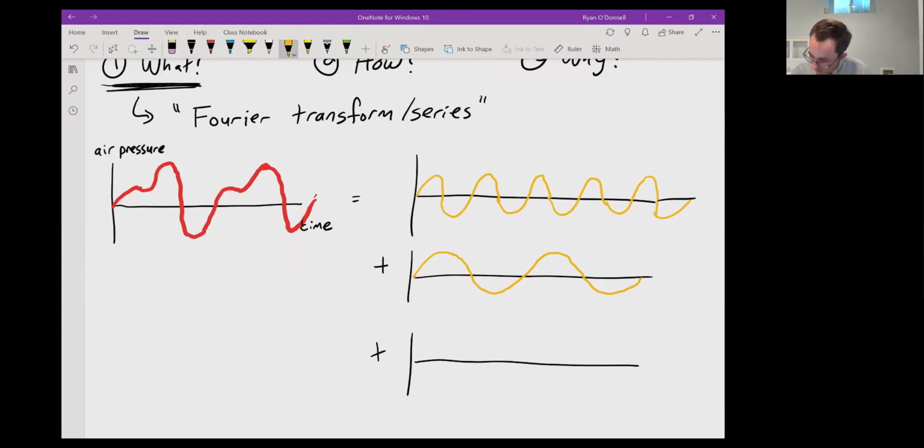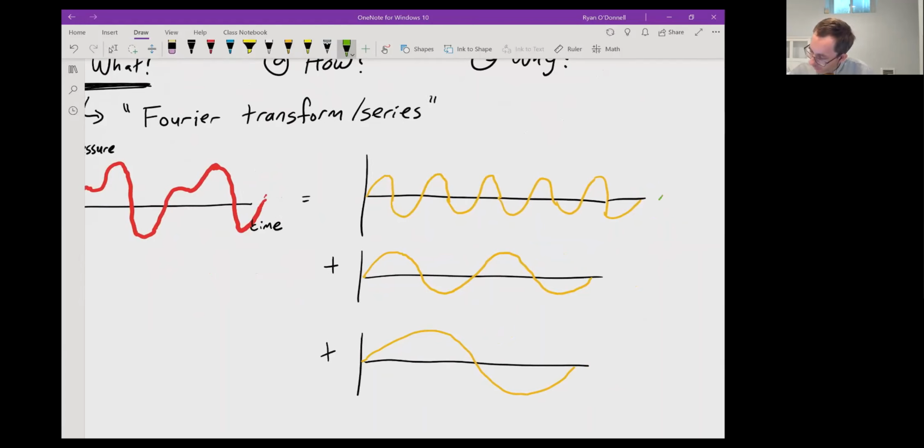And actually, you don't have to just add them up. You can add them up with different weights or intensities. So these are like, I don't know, three purest tones that you might get if you hit the key on the synth. And you can add them up with different weights. So maybe you take this one with intensity 0.6, and then you add it.